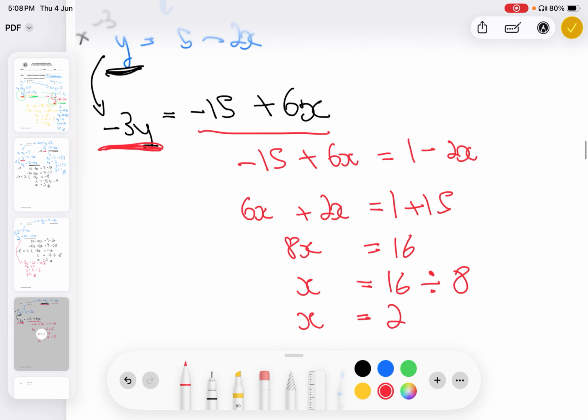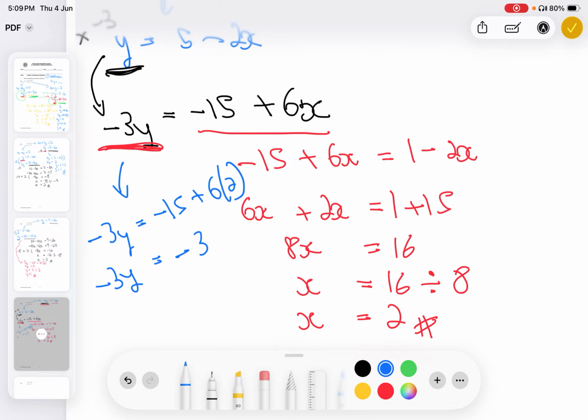So x will be 2. Okay, for this part. Then to solve for y, let me use this equation. Minus 3y is minus 15 plus 6 times 2. I press calculator. This is minus 3. Minus 3y is minus 3. Y will be minus 3 divided by negative 3. Y will be what? Okay for this part.